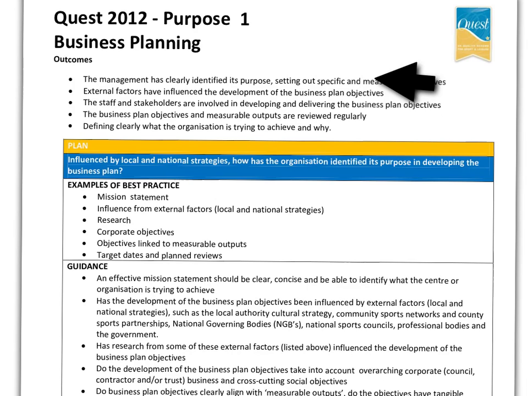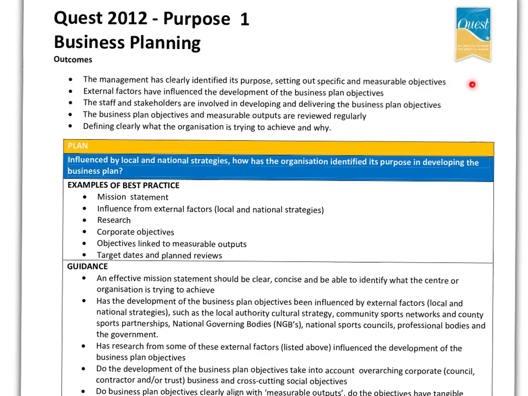So in this instance, what I'm looking for is for you to identify that we can see a clear purpose, there are specific and measurable outcomes, but I just don't want you to identify that they're there. I'd also like you to identify what the focus is. Is that relevant?